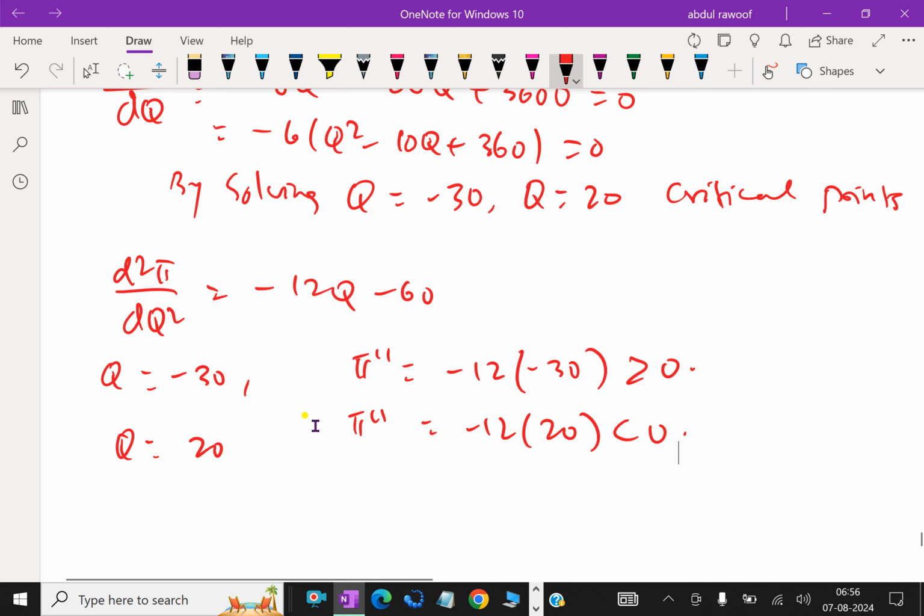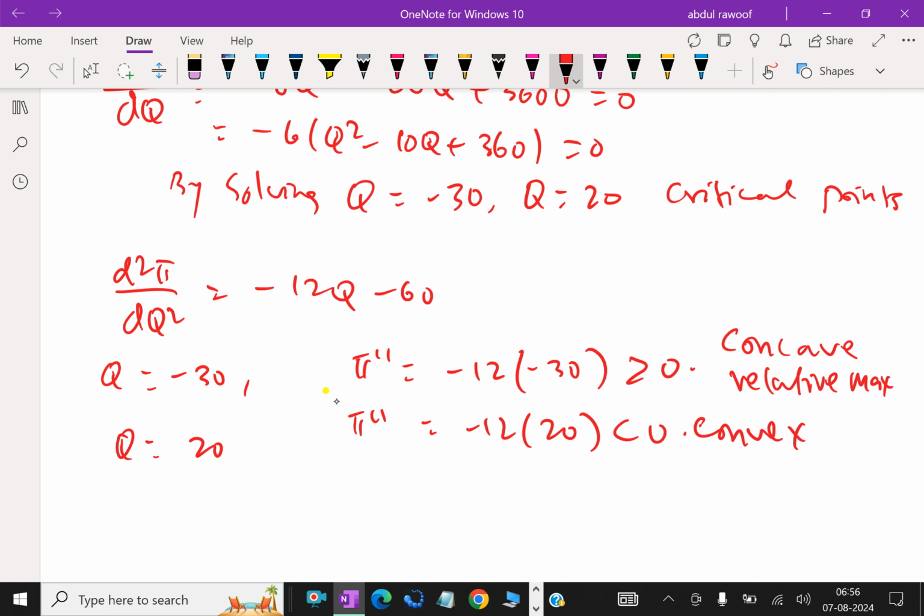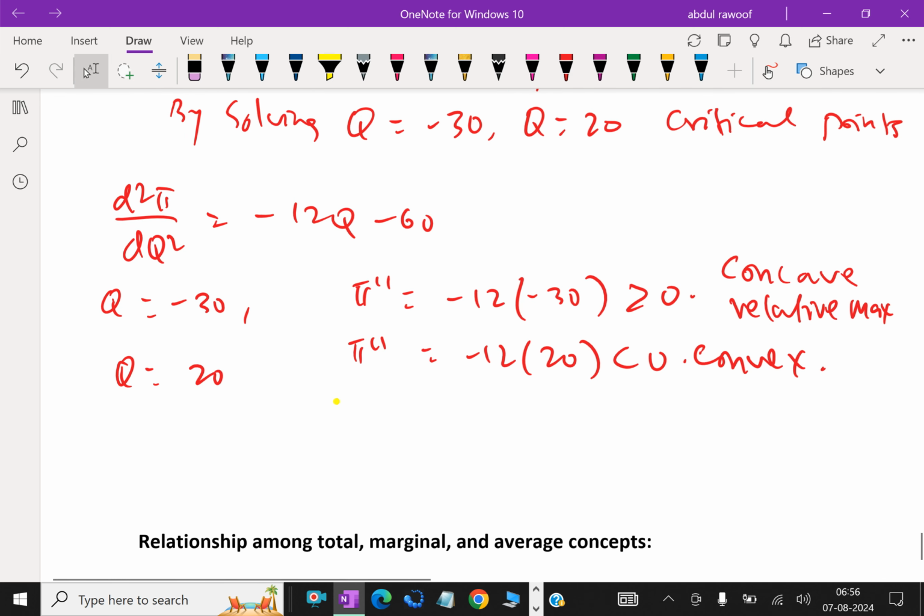So this first one is a concave relative maximum. This one is convex, a relative minimum.